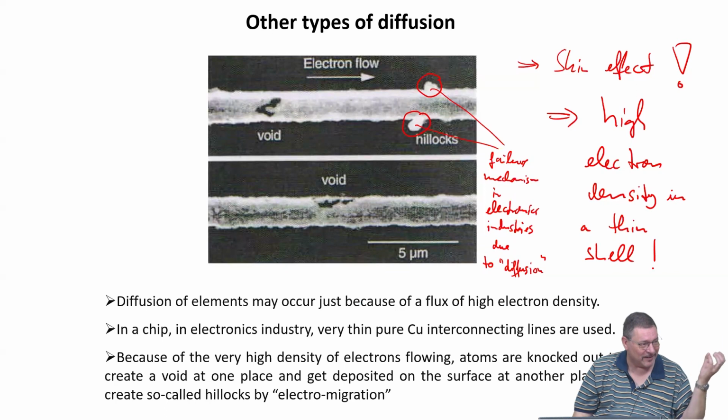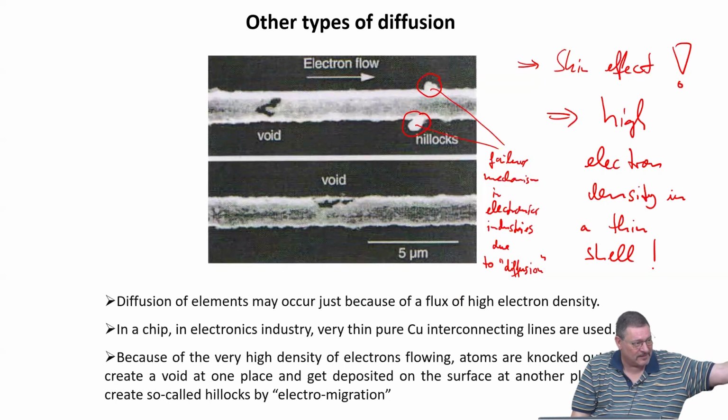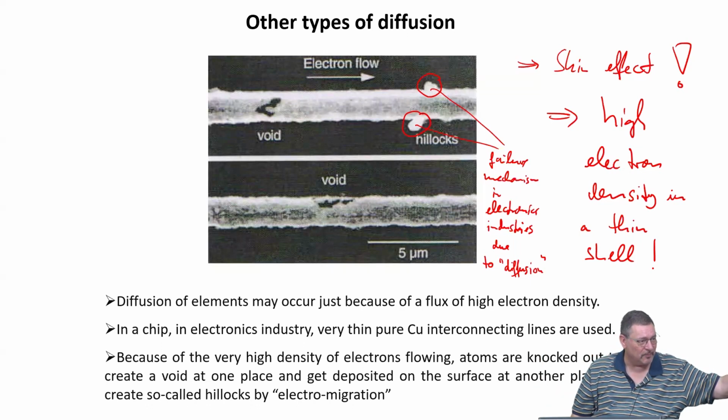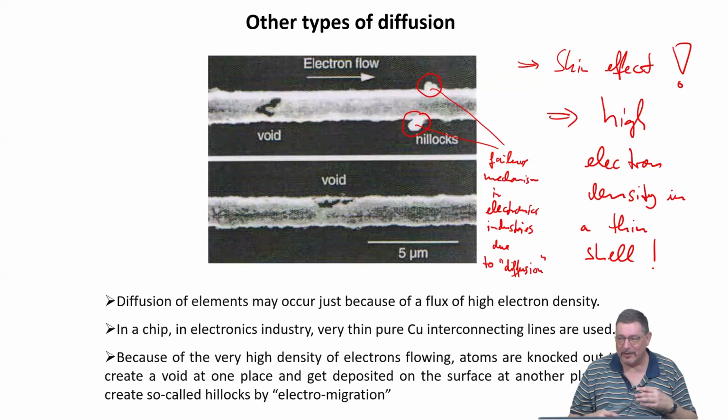So you're thinning the wire at some end, and you're thickening and making these hillocks on the other end. Once the wire is thinner, you get higher resistivity. The heating is more, which makes the diffusion even faster. So it's a kind of self-propagating failure mechanism. It gets worse and worse very quickly.